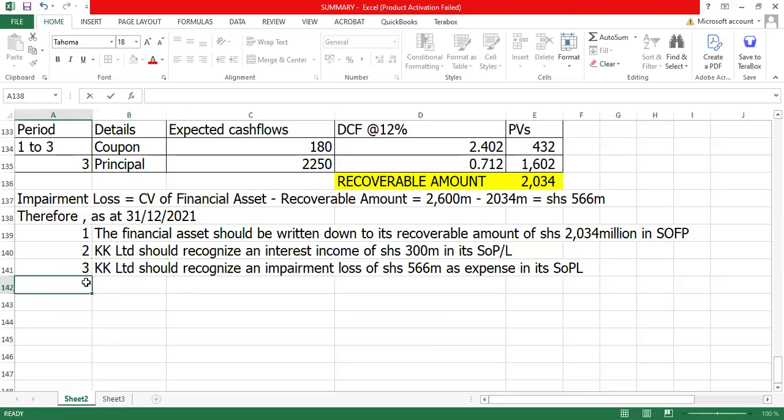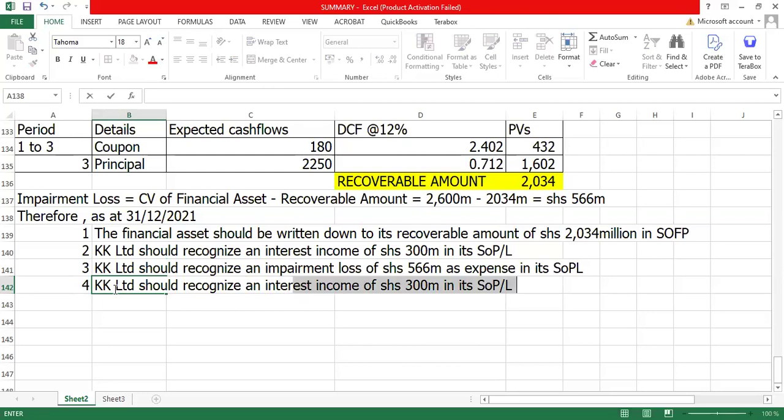Then if you are to prepare the cash flow statement, KK Limited should recognize the interest income as a cash inflow.